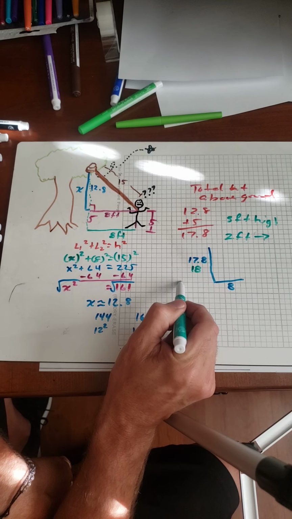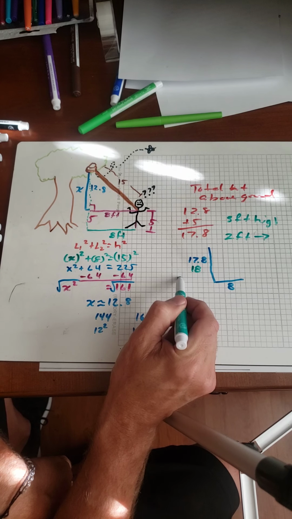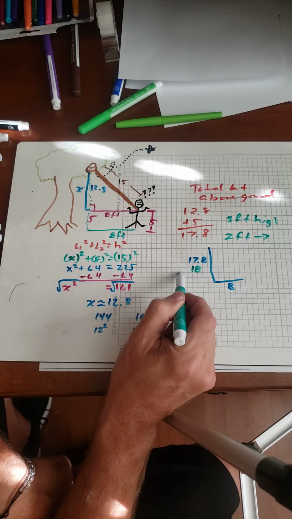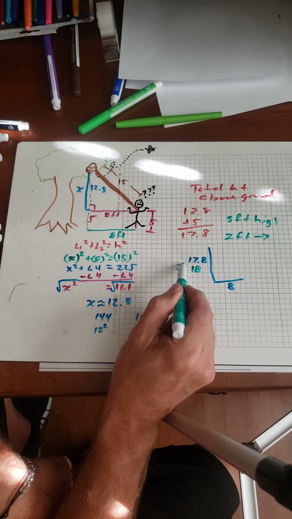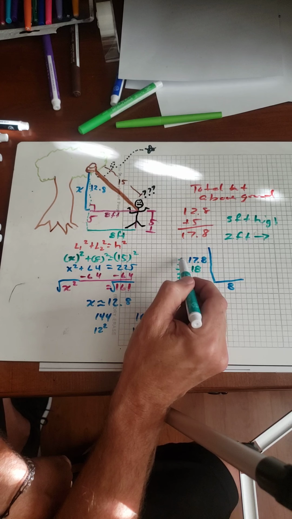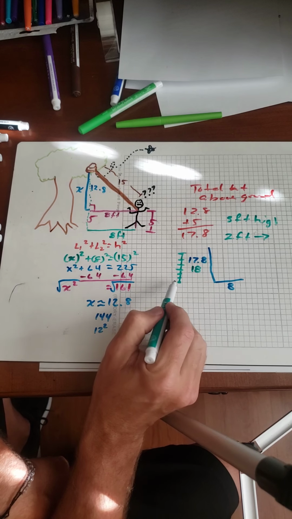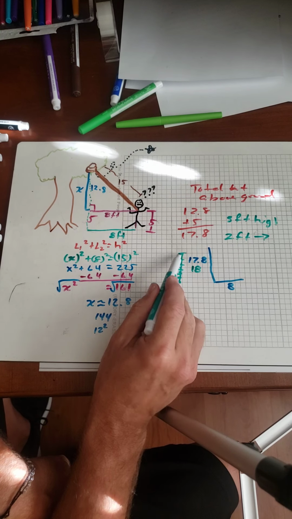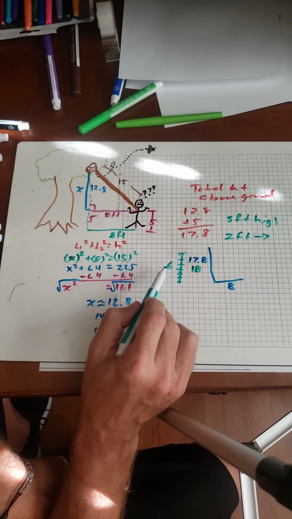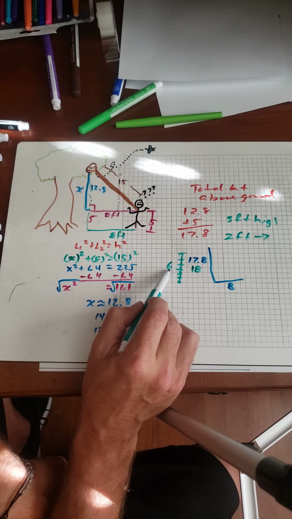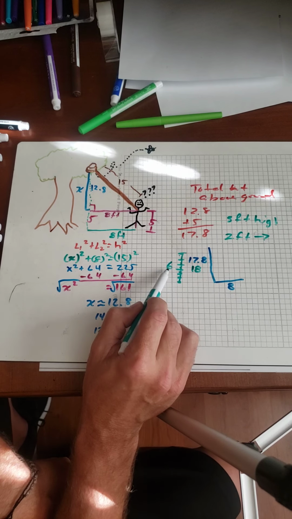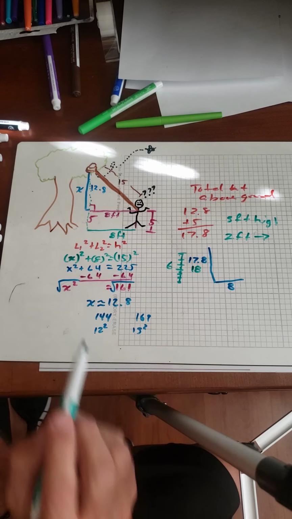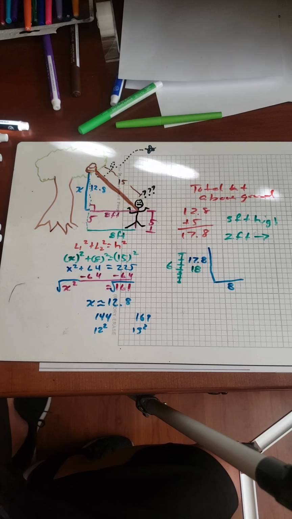Well, from here to here would be 3 feet. That's 1. There's 6 feet. 9, 12, 15, 18. So there's 1, 2, 3, 4, 5, 6 of those. So there are 6 3 feet sections. And for each of these 3 feet sections here, I need to be 2 feet away.